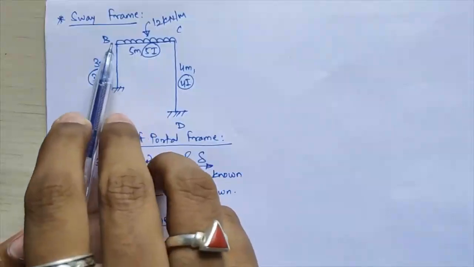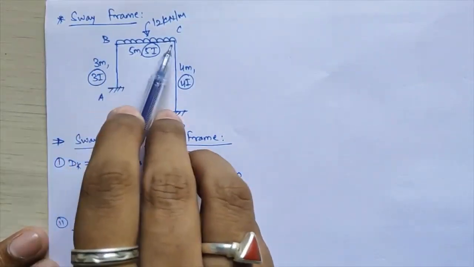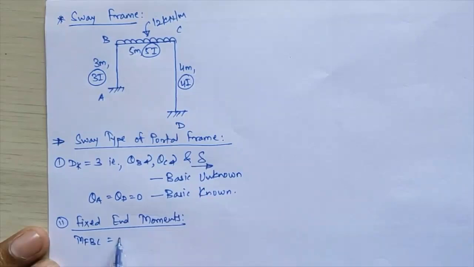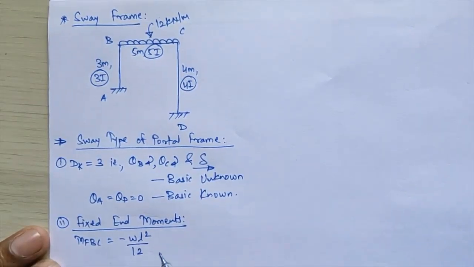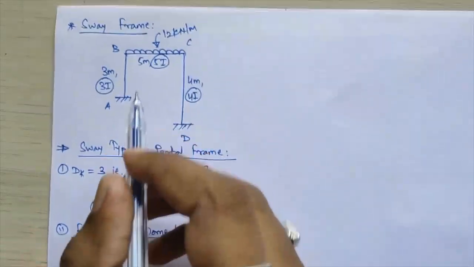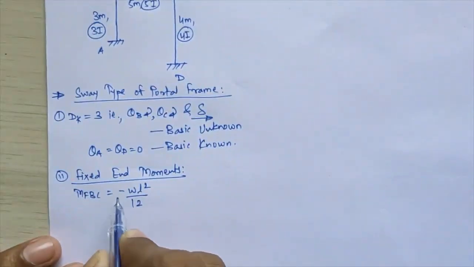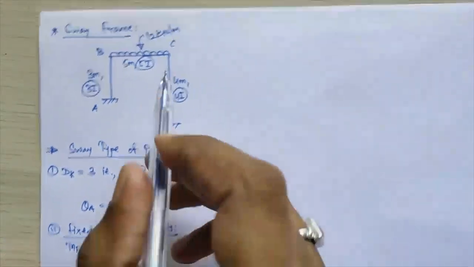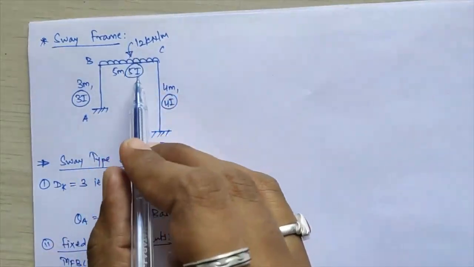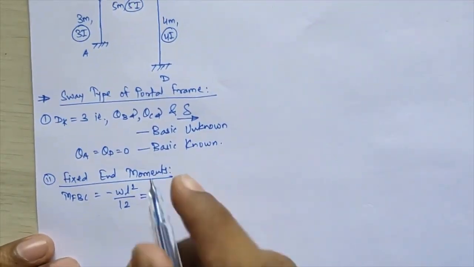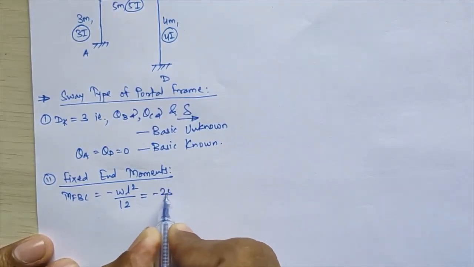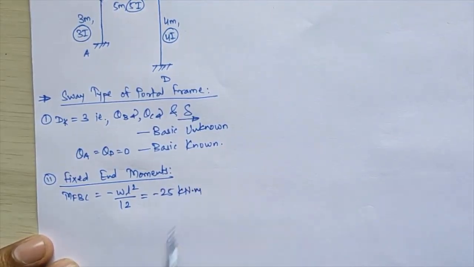So I am writing directly MF BC. The load given is a UDL throughout the span, so this fixed end moment comes equal to minus WL square upon 12. Its restoring moment will be anti-clockwise in nature, which is why I am considering it negative. If you calculate this, with W as 12 and the length of that member as 5, divided by 12, you get minus 25 kilonewton meter.